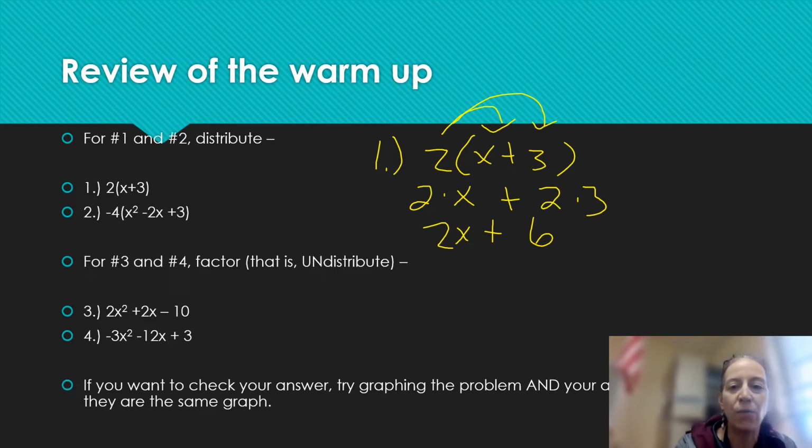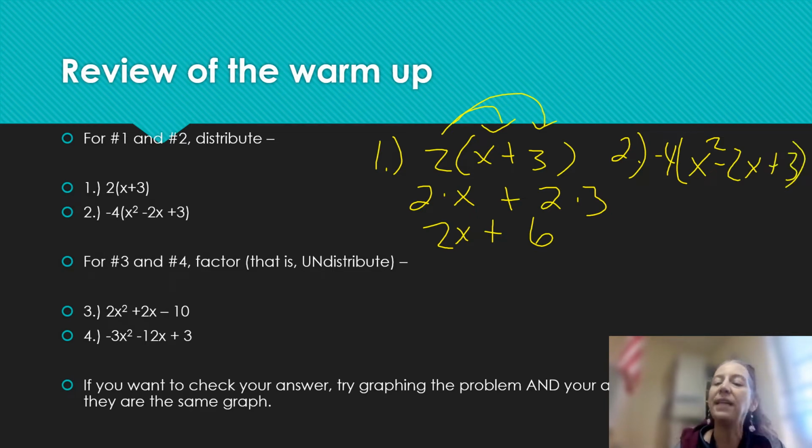For the second one, we have -4, and we're going to distribute that over x squared minus 2x plus 3. So again, you don't need to write any arrows. Sometimes I'll see students that write the arrows and then they don't do the distribution. So we're going to take the -4 and multiply it through the parentheses.